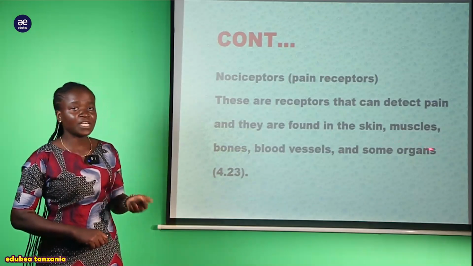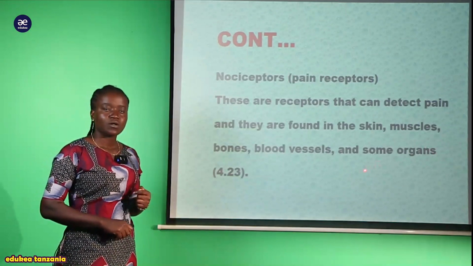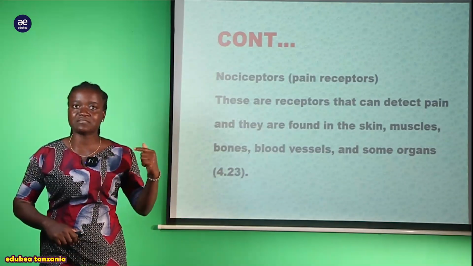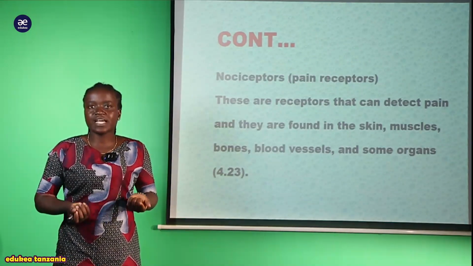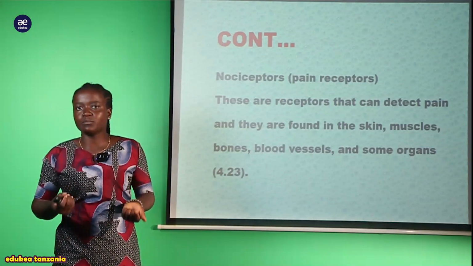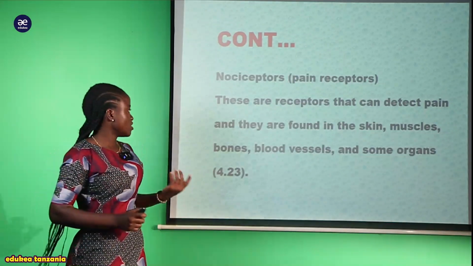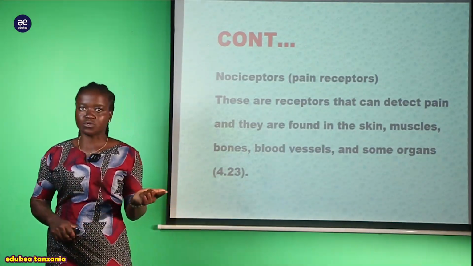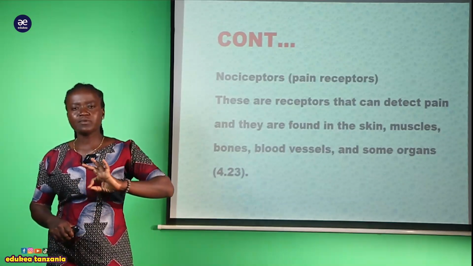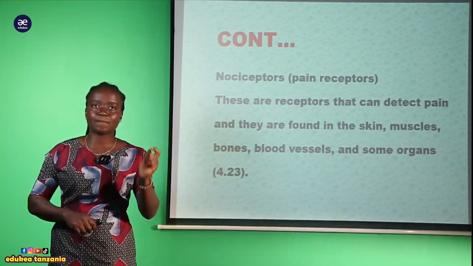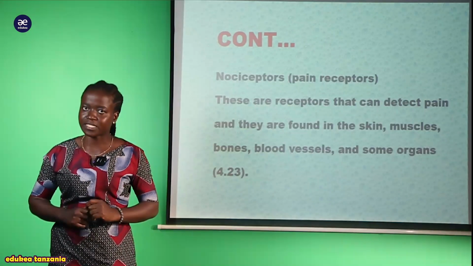And also within the muscles, and within the bones, is where these pain receptors are located, to detect if there is pain within the body and to provide an appropriate response. And also we have the blood vessels, where these pain receptors are also located.